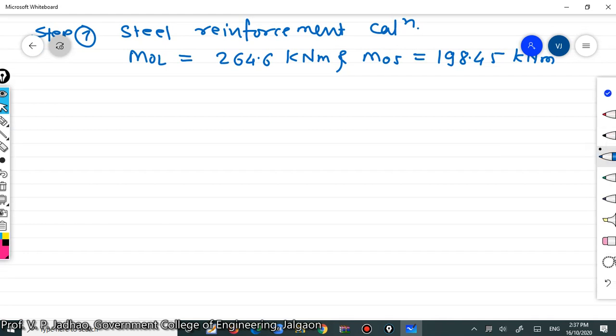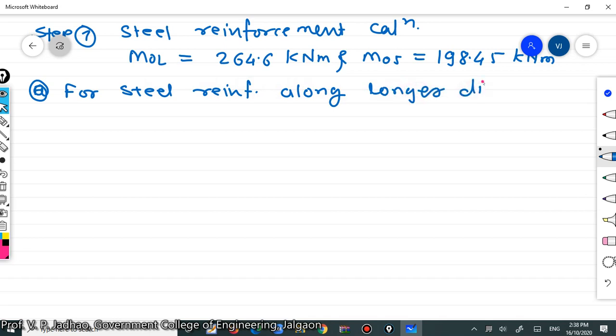Okay, so for the column strip, consider A, steel reinforcement along the longer direction.